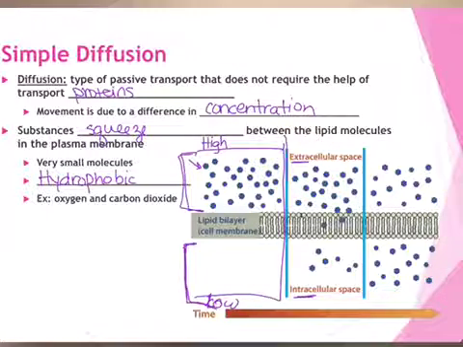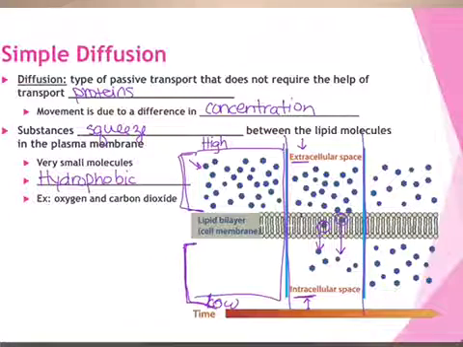And so that brings us to this second little snapshot of time. And you can see that there are particles in between the lipid molecules, and they are actually going into the intracellular space. So as that's happening, our concentration in the extracellular is decreasing, while the concentration in the intracellular area is increasing.